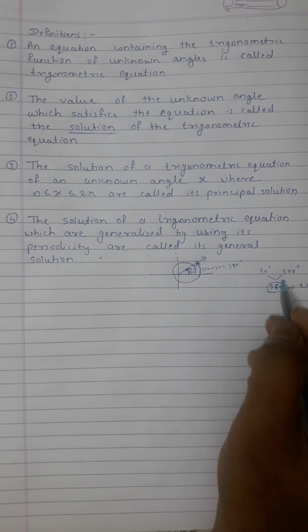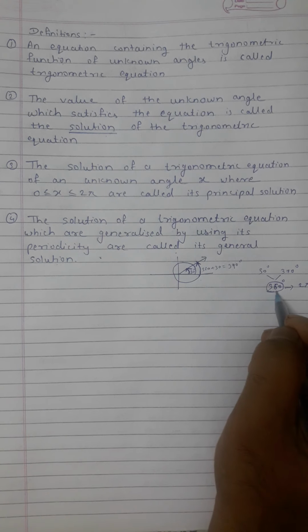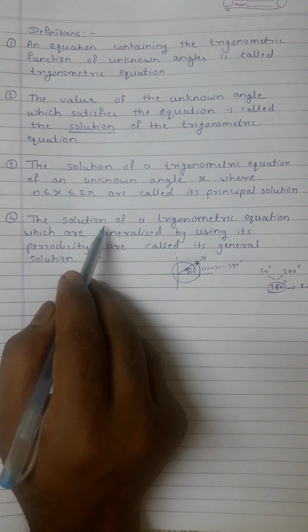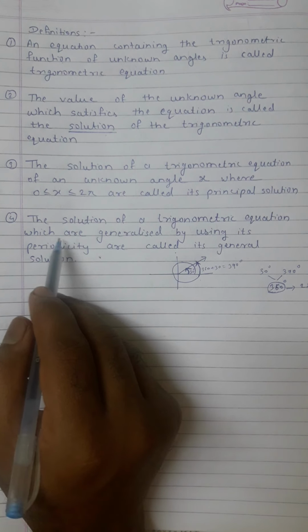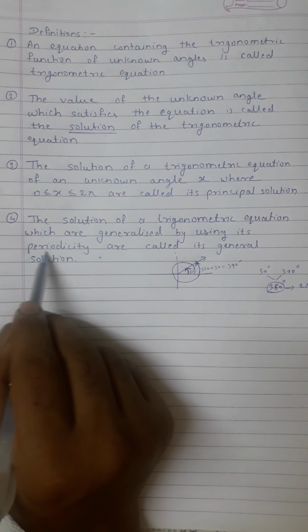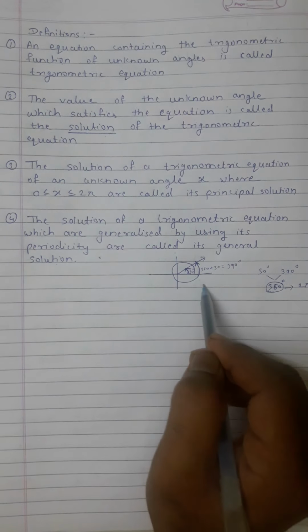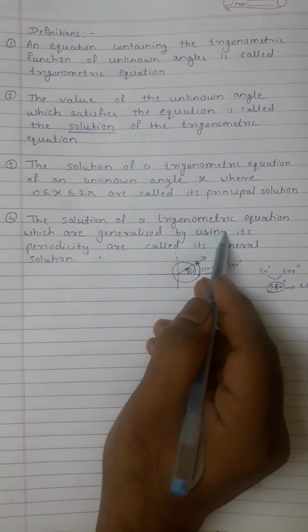The periodic difference is 360 here. Similarly, the solutions of a trigonometric equation are periodically the same after a certain period. Here in this example, 360 degrees is the period of rotation; it may be different in different examples.